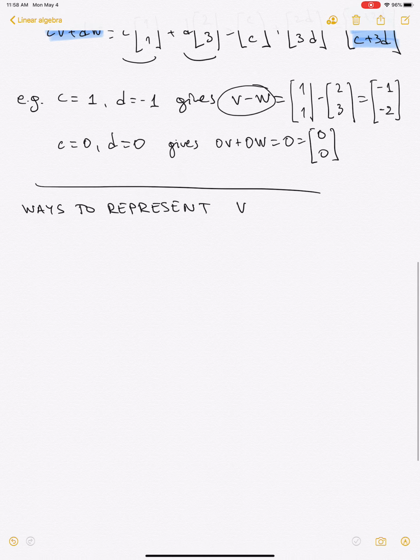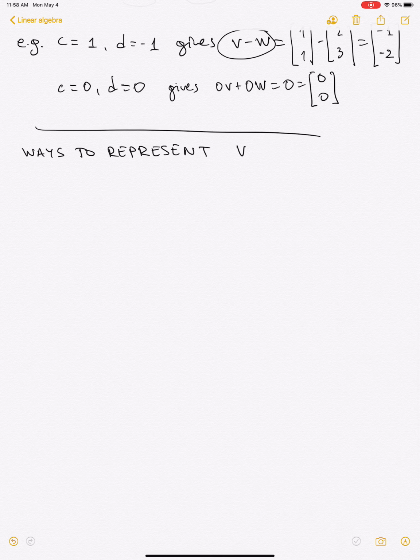Well, obviously we have two numbers. So the first way is the way we have it, v equal to v1, v2, using two numbers. Or in other words, we can represent v through its components v1 and v2.